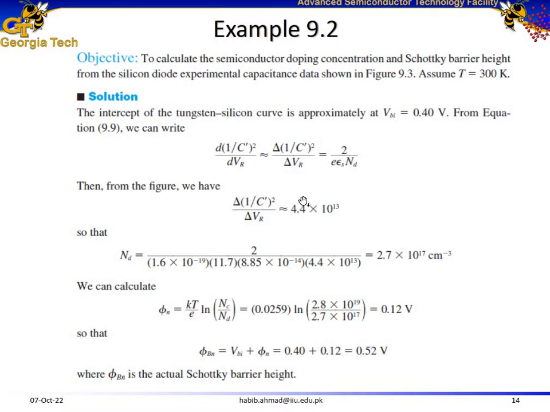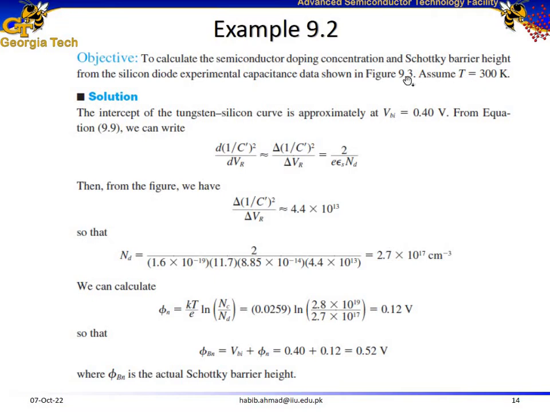The slope came out to be approximately, I thought it was 6, but it came out to be 4.4 times 10 to the power of 13. Now equate it to 2 divided by E, ES, and ND, charge on electron, permittivity of silicon, and then this is your slope. Reorder the equation to calculate ND. ND comes out to be 2.7 times 10 to the power of 17 per centimeter cube.